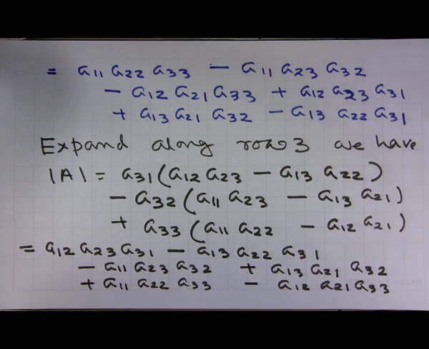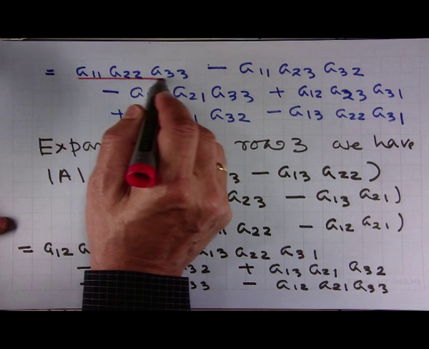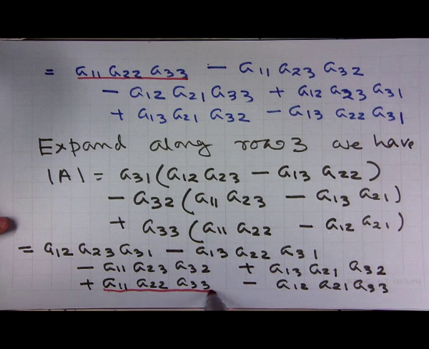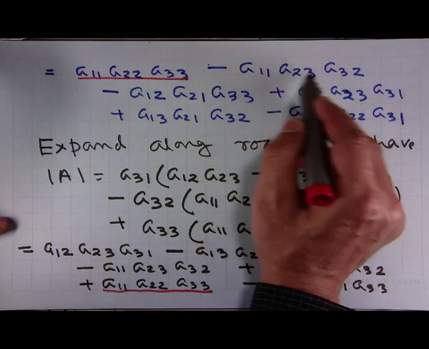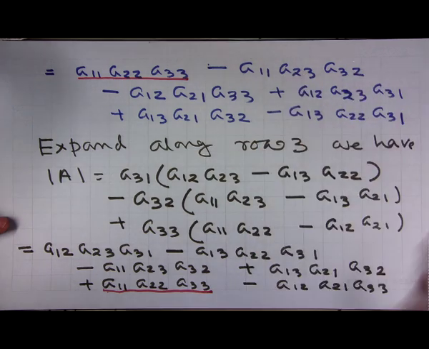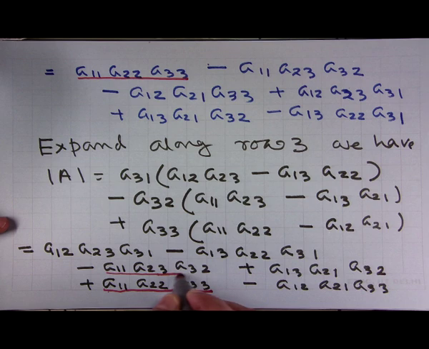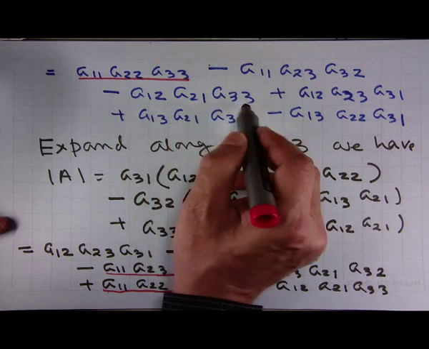Now, if we compare these two expansions, we get plus A11, A22, A33. Here also we have plus A11, A22, A33 minus A11, A23, A32. Here also we have minus A11, A23, A32. Then we have minus A12, A21, A33.